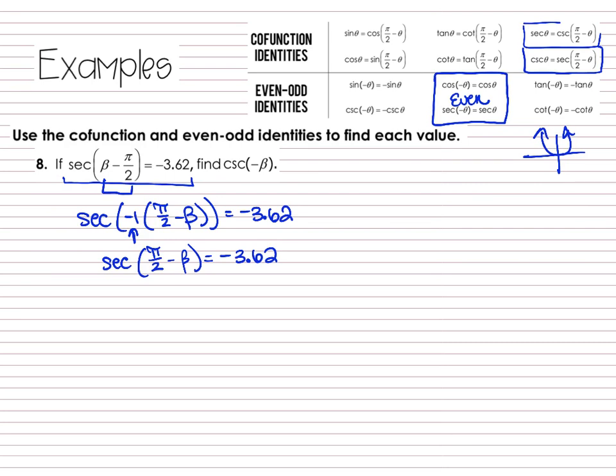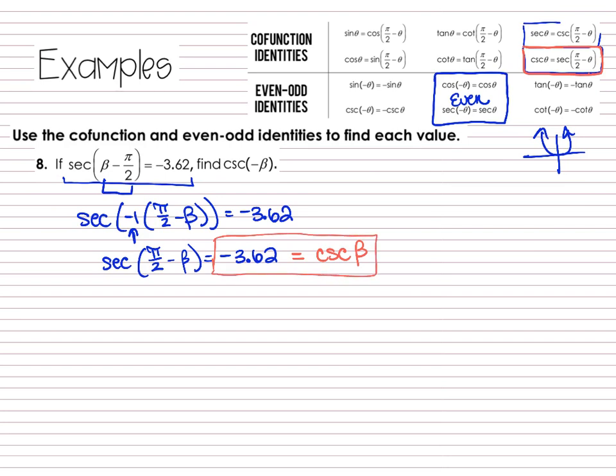So that's going to help us because we're going to use secant to then find cosecant. So if we use this identity up here, that the secant of pi over 2 minus theta, or beta, is equal to cosecant, then we know that this is actually equal to the cosecant of beta. So now we have a whole new expression.